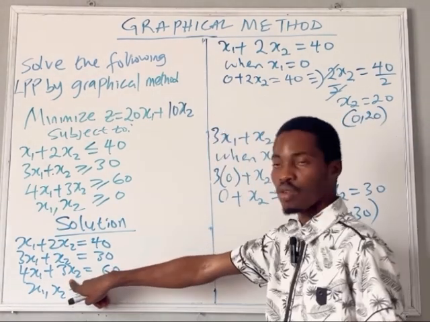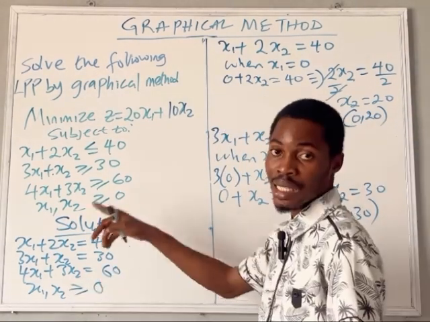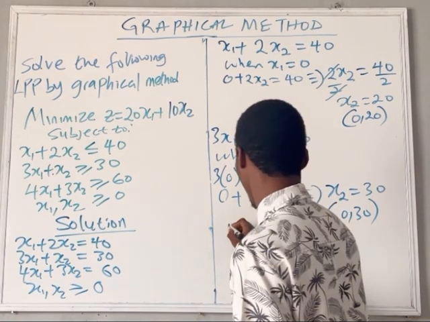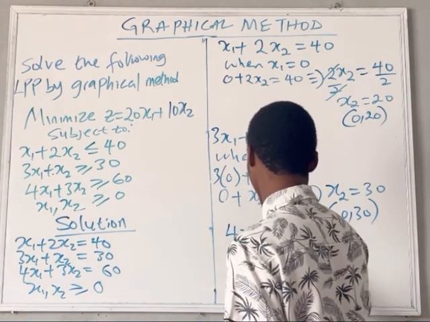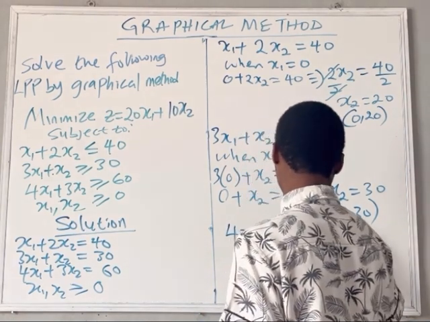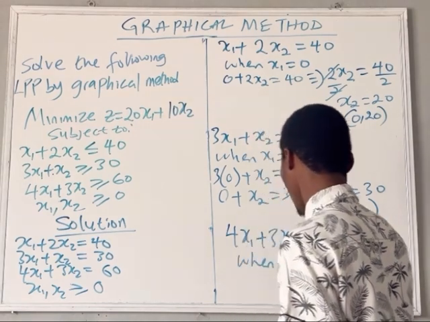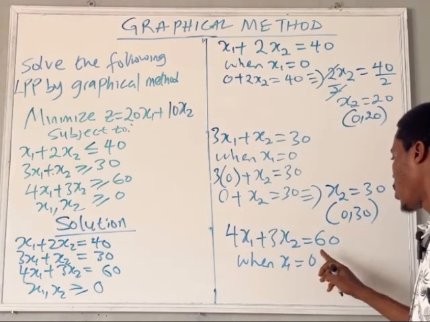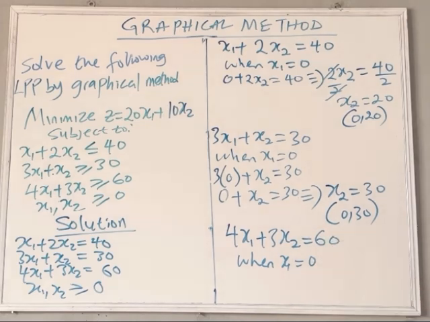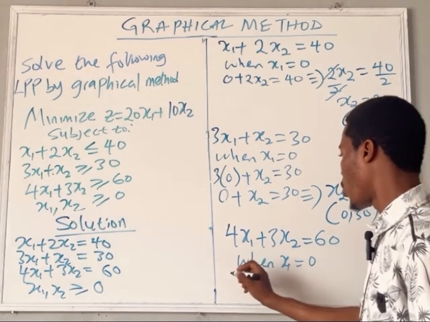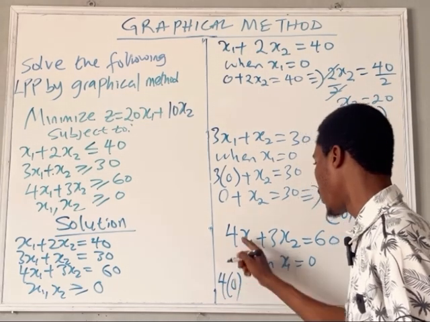Then we have to consider the last constraint, our third constraint: 4x1 plus 3x2 is equal to 60. When x1 is equal to 0, we are going to put x1 as 0.